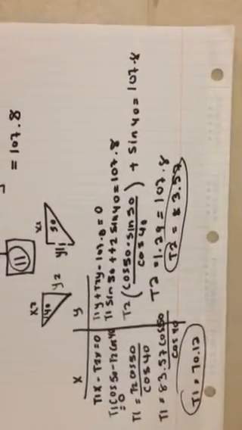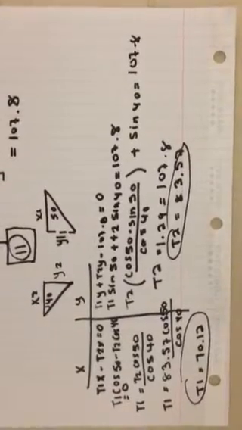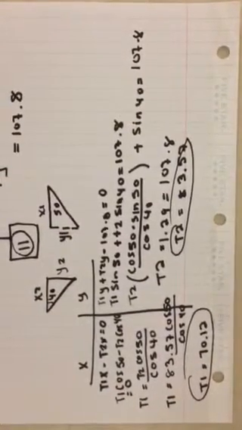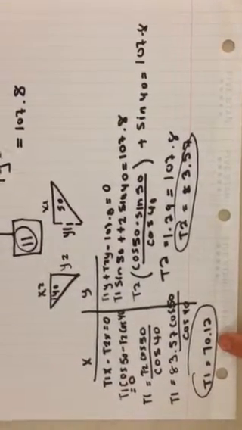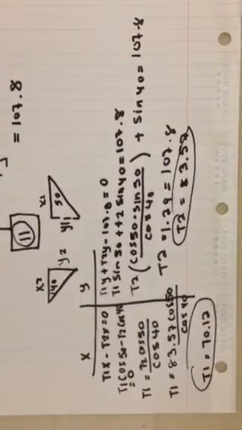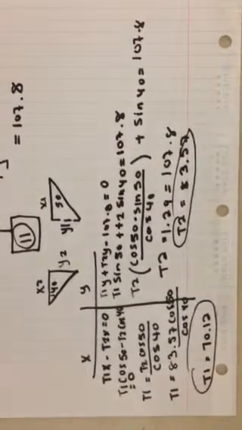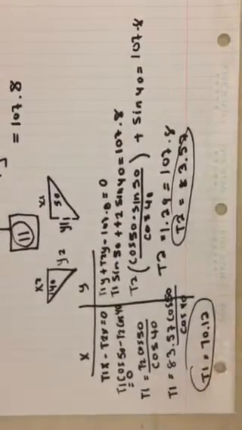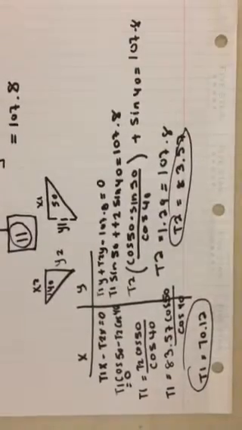So now we have T1 and T2. The tension of rope 1 is going to be 70.12 newtons, and the tension for rope 2 is going to be 83.57. Don't forget always to include direction in this type of problem.